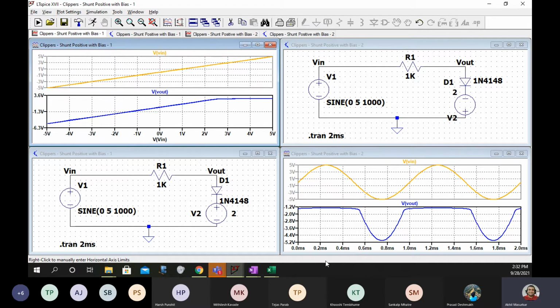Harsh, go for the shunt negative clipper with bias.